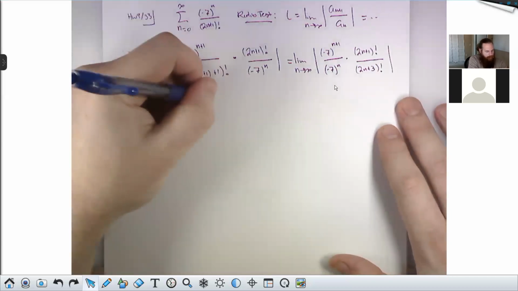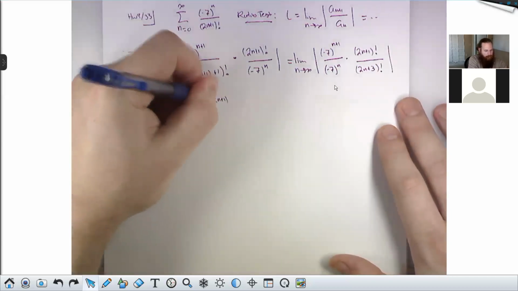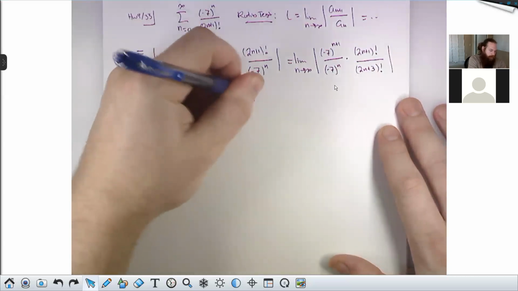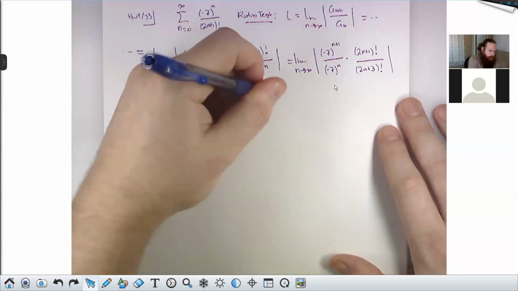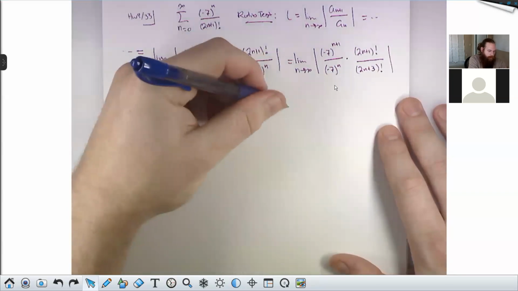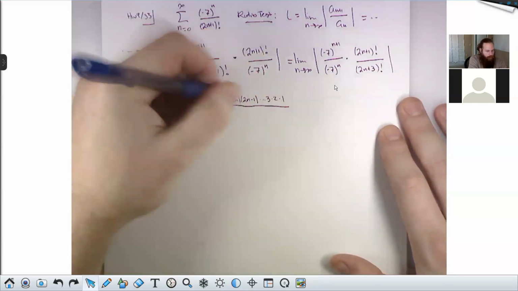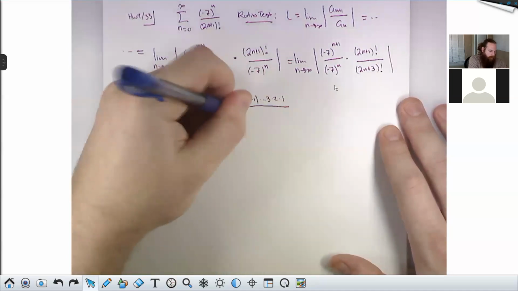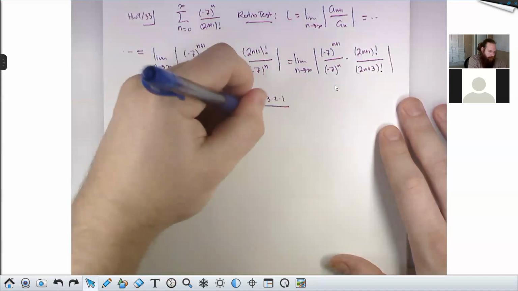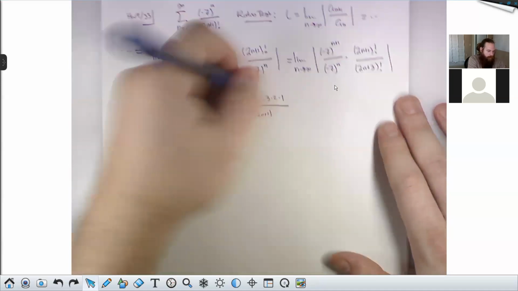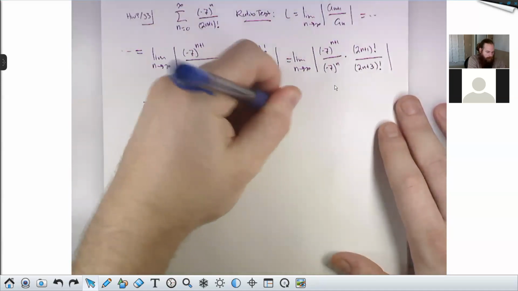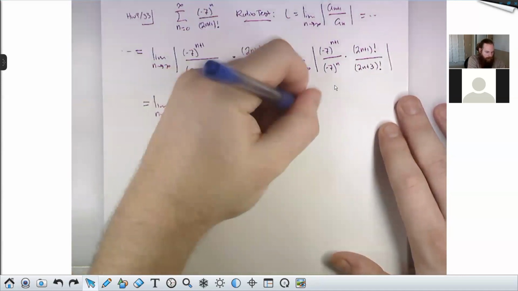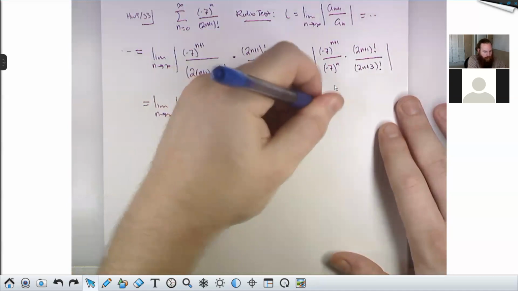And then the other piece is (2n+1) times 2n times (2n-1), all the way down to 3 times 2 times 1. That's (2n+1) factorial. (2n+3) factorial is (2n+3) times (2n+2) times (2n+1) times 2n times (2n-1), all the way down to 3 times 2 times 1.